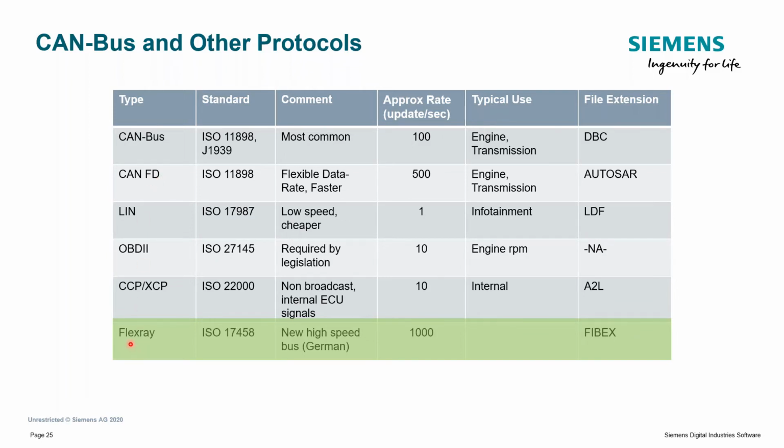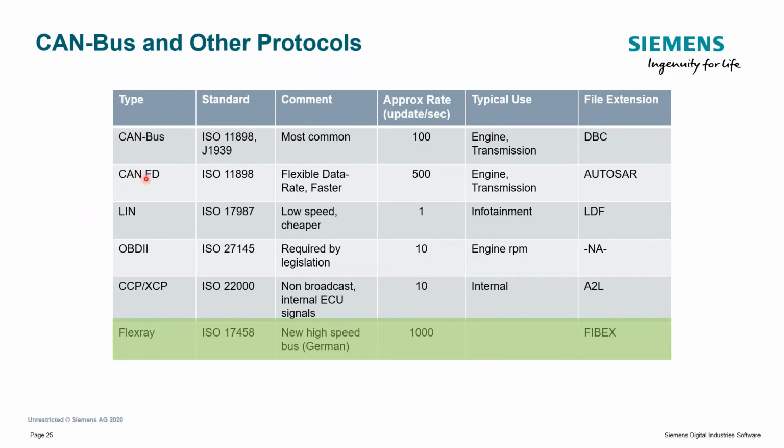This FlexRay was really one of the first attempts to go for a higher speed bus, and it had a new ISO standard, much higher speeds, which is kind of cool. And you do find this on some vehicles, high-end German luxury cars typically, and they use a FIBEX file. It didn't really catch on. It did come out before CAN FD did. The reason it didn't catch on, it was just quite a bit more expensive than CAN bus.